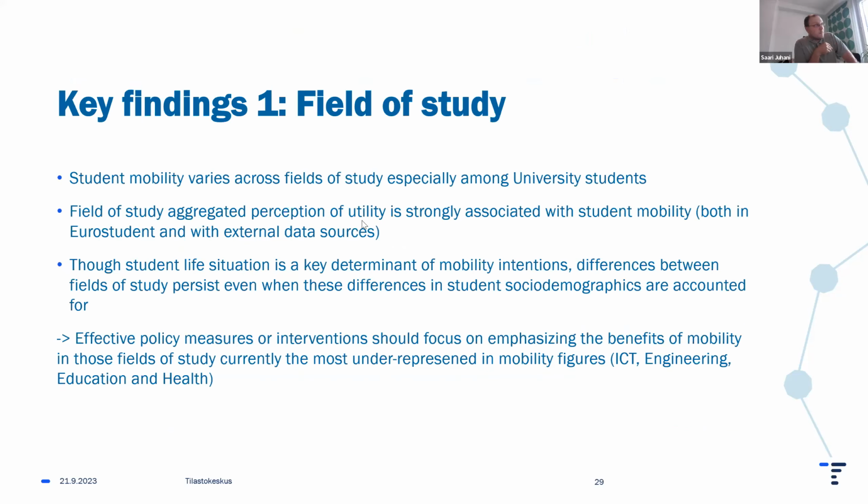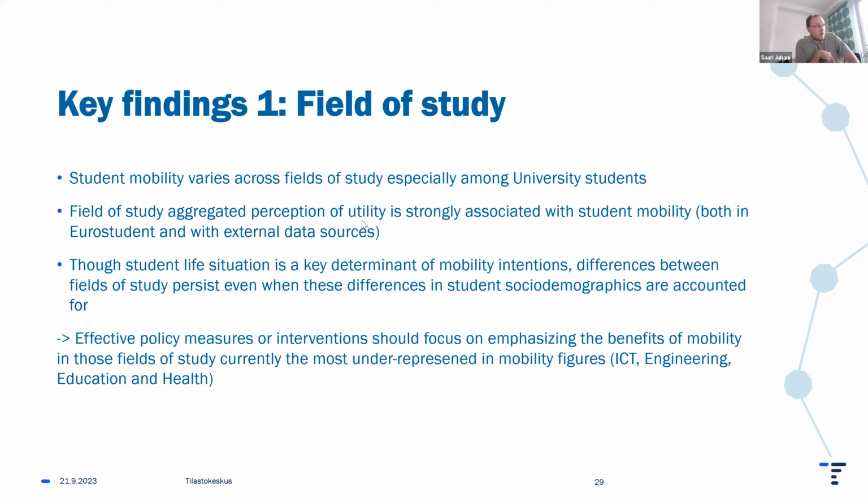So to conclude, mobility varies across fields of study, especially among university students. And the perception of utility of one's study is the strongest individual predictor of student mobility, even when taking into account the various life circumstances that also contribute to this individual student decision-making.